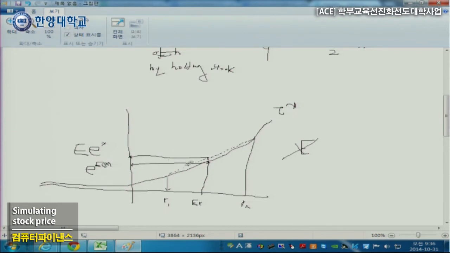And then from this relationship, since it is convex, we know that expectation of exponential of x is always greater than exponential of expected return of x, something like this.